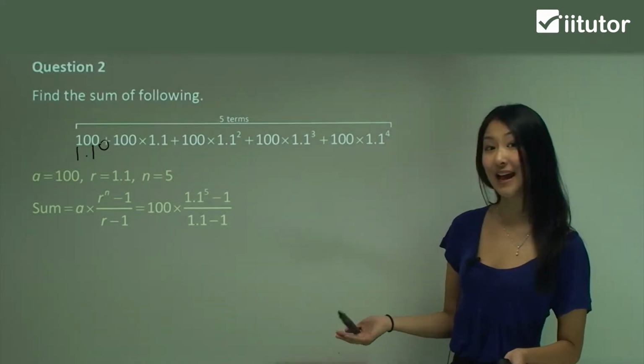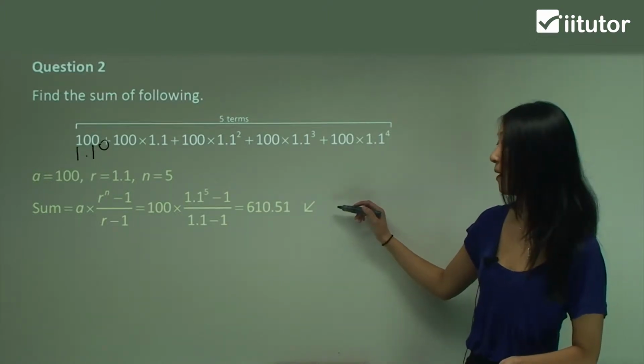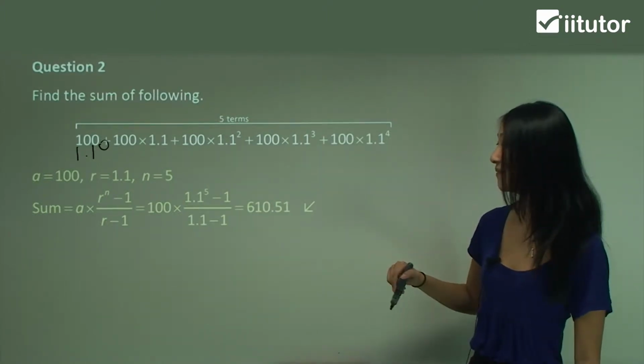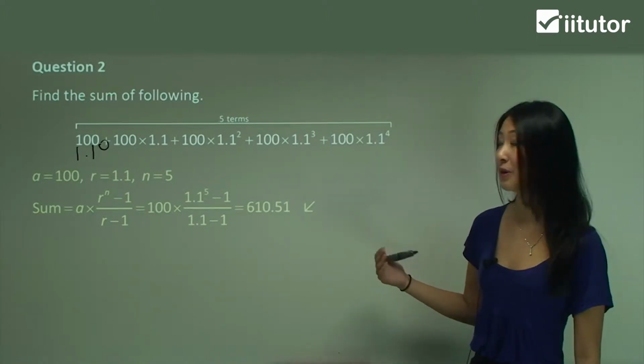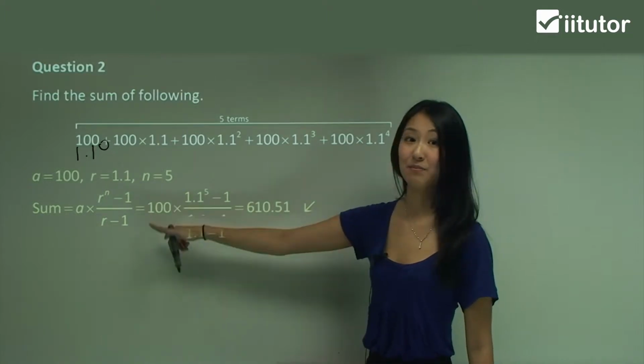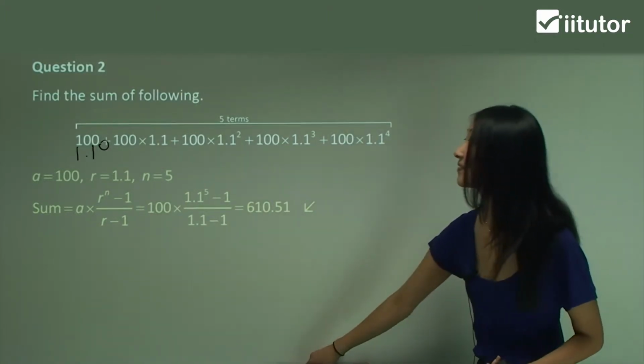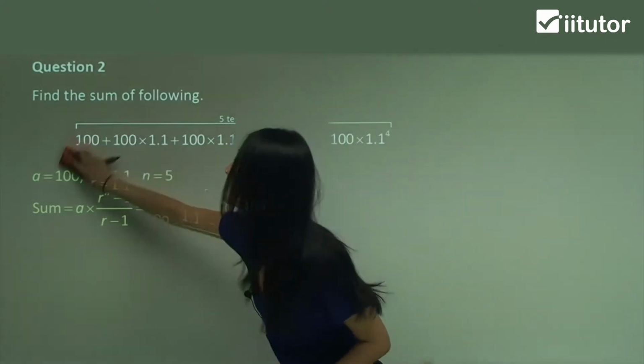Put that into your calculator and we should get 610.51 as your answer. For some of you, it may be easier to write that out, divide by that, then multiply by 100. So whatever works for you in your calculator, just make sure we get the right answer.